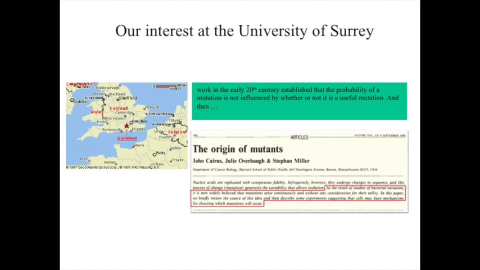And in 1988, this paper was published by John Cairns at Harvard, a very eminent microbial geneticist, who worked with Watson and Crick at MIT and at Harvard, and he published this paper, The Origin of Mutants, which suggested that mutations could become more frequent when they provided an advantage.